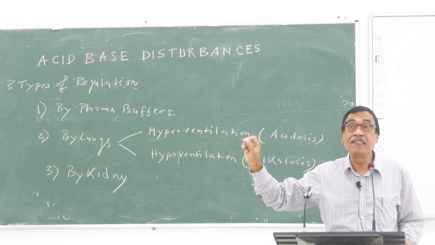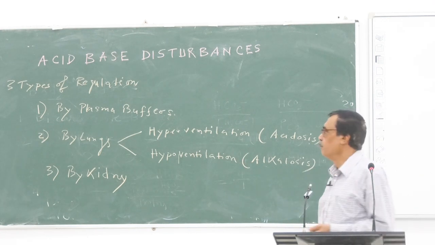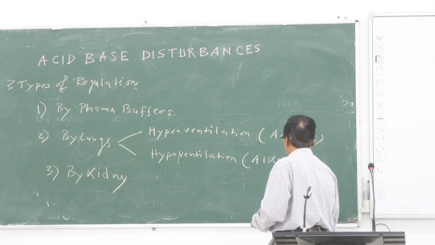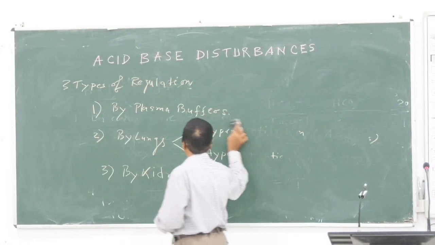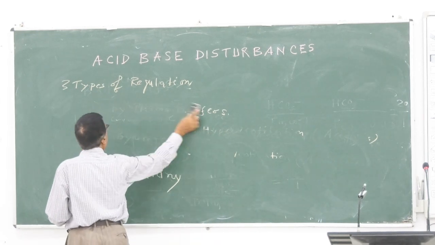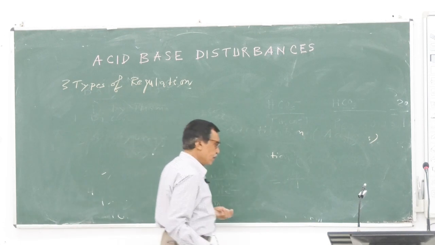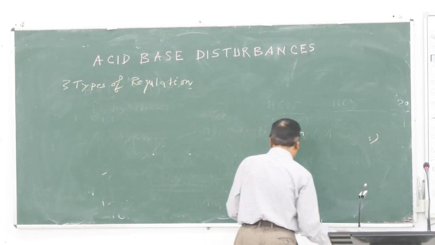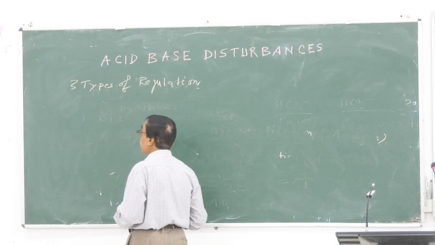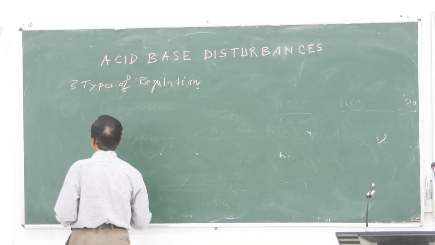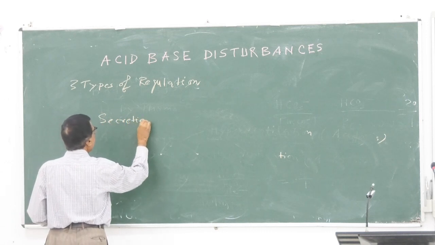This is called secretion of the hydrogen ion. What are the regulations of the kidney? The kidney is the secretion of the hydrogen ion.